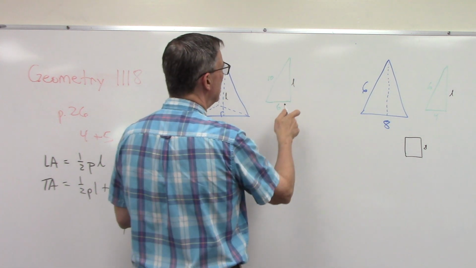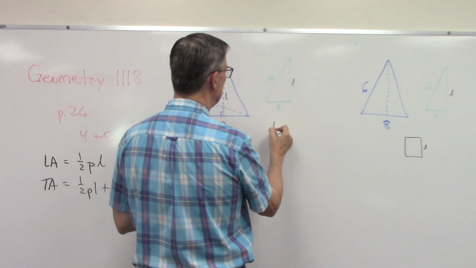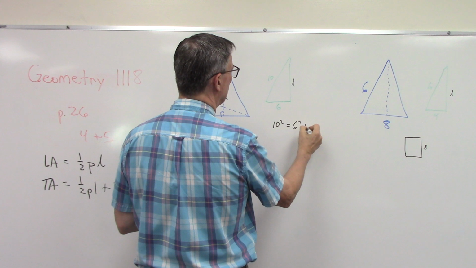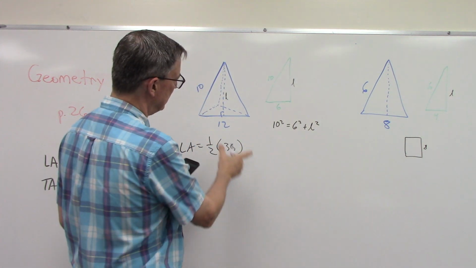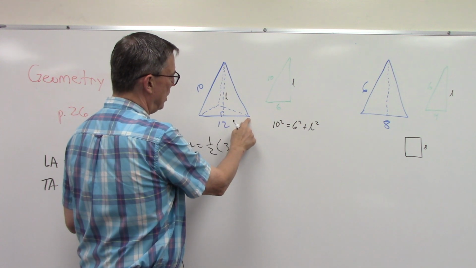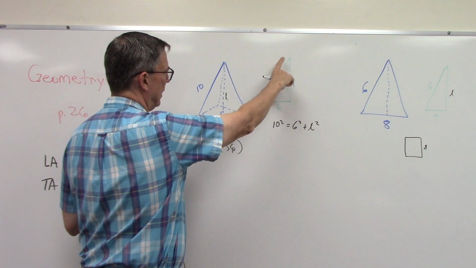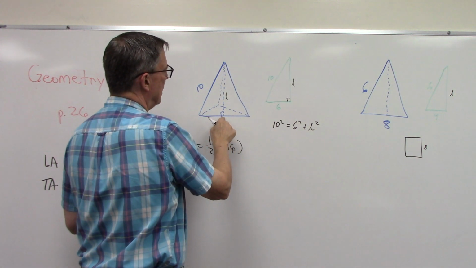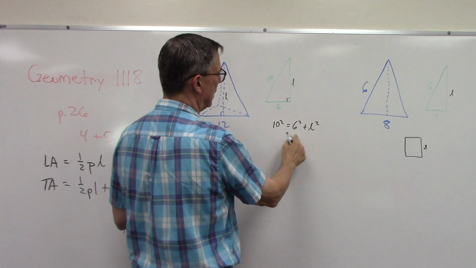So using the Pythagorean theorem, we can say 10 squared has to equal 6 squared plus L squared, okay? Because this whole base is 12, so half of this would be 6. And this is, of course, the hypotenuse, okay? So the hypotenuse squared will be the sum of the squares of the other two sides.